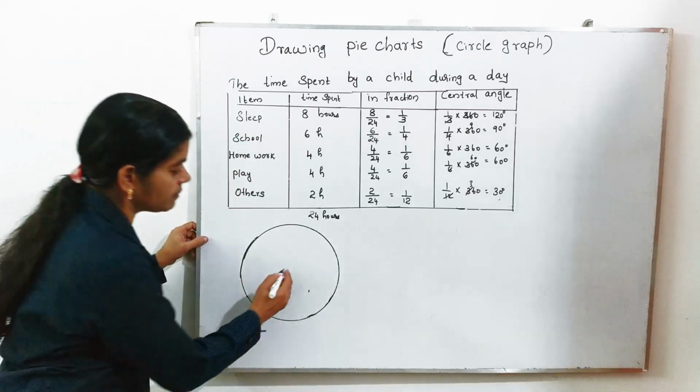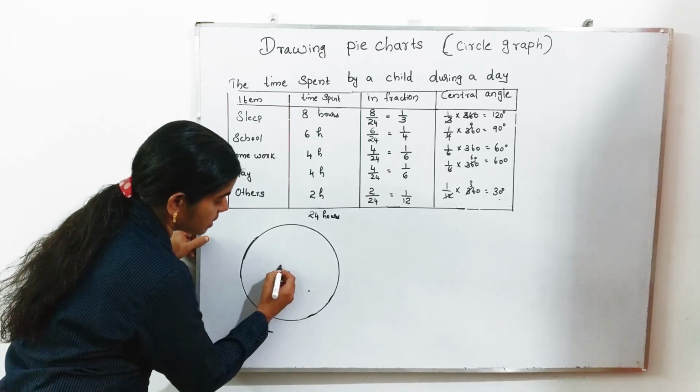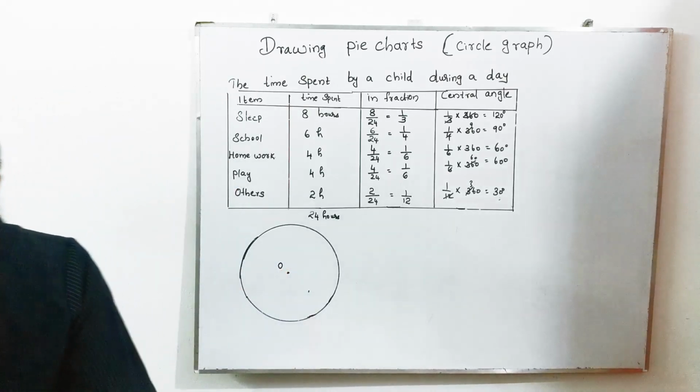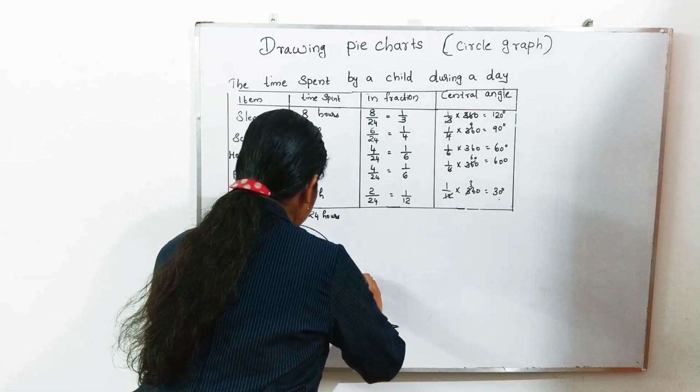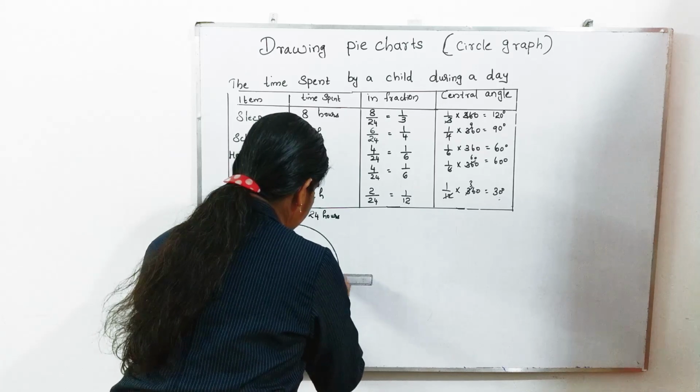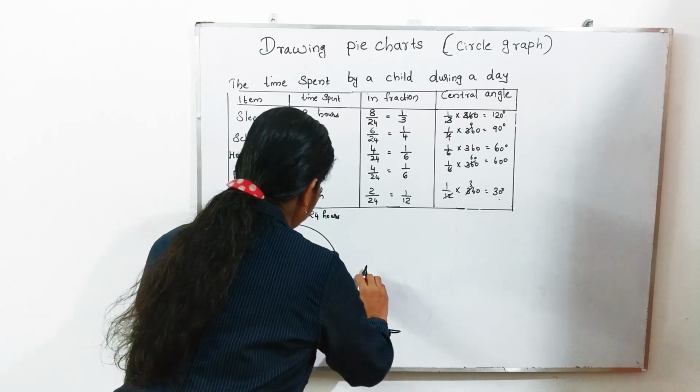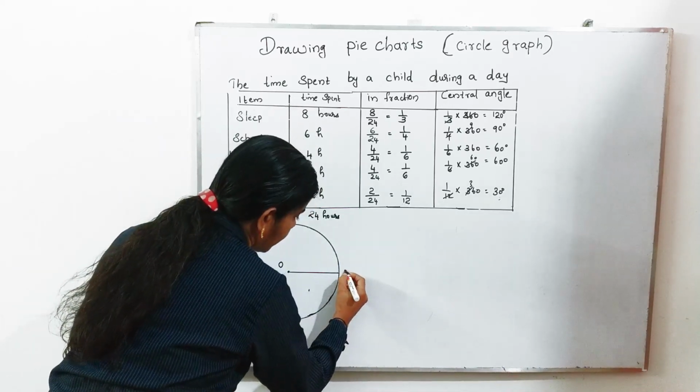So I already told, first you want to mark the center O and we can draw one radius. Center to the circle, we can draw one line. You can give any name here, OA, OB or anything.